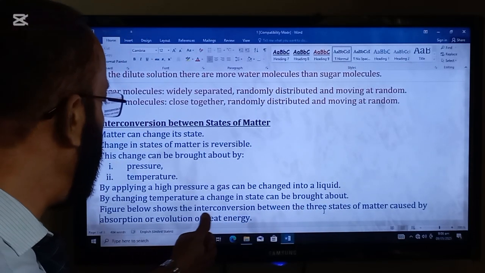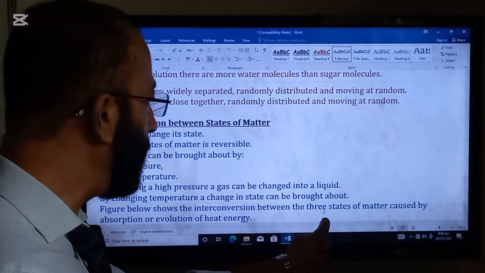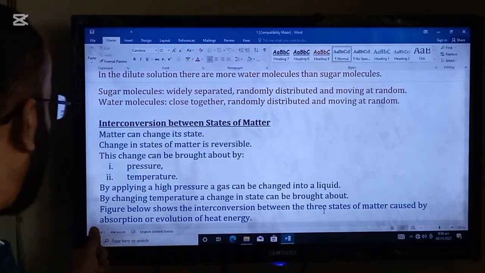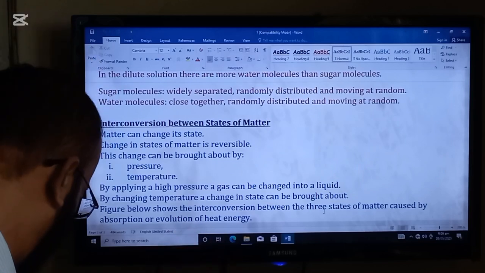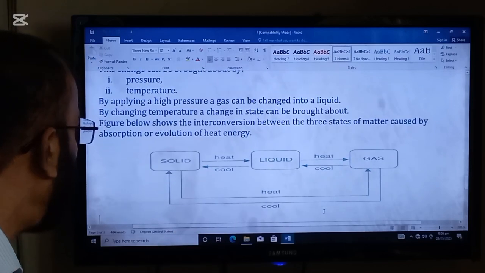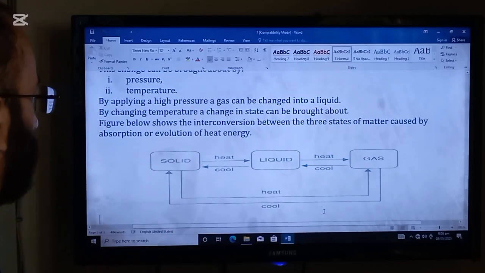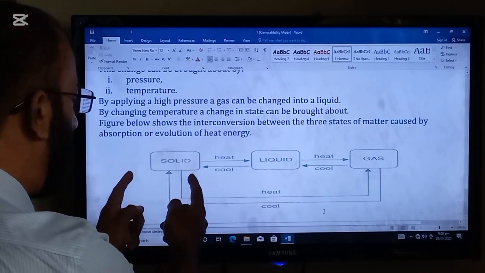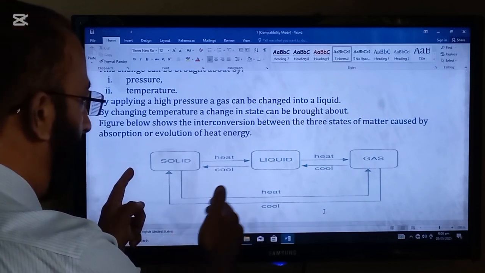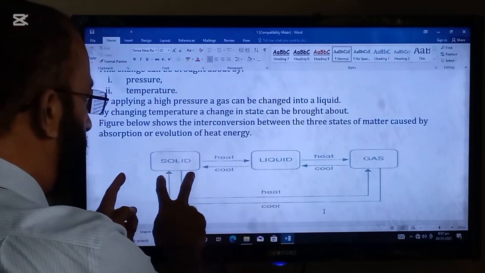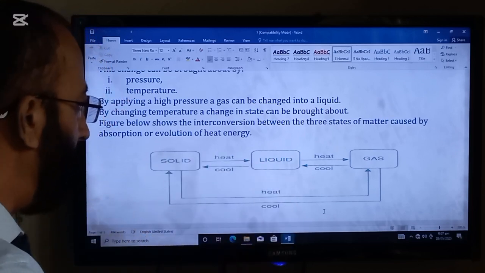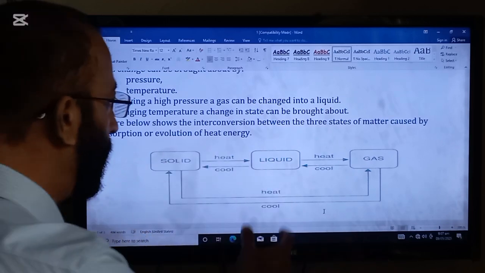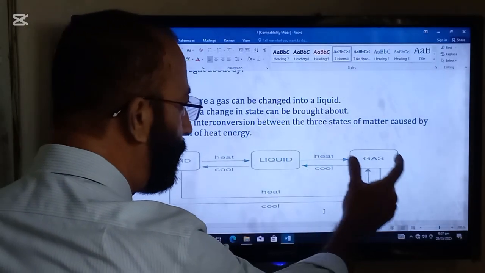Figure below shows the interconversion between the three states of matter caused by absorption or evolution of the heat energy. And here is the figure. If we are given a solid, if heat is increased, this solid will be converted into liquid. If more heat is increased, this liquid will be converted into gas.